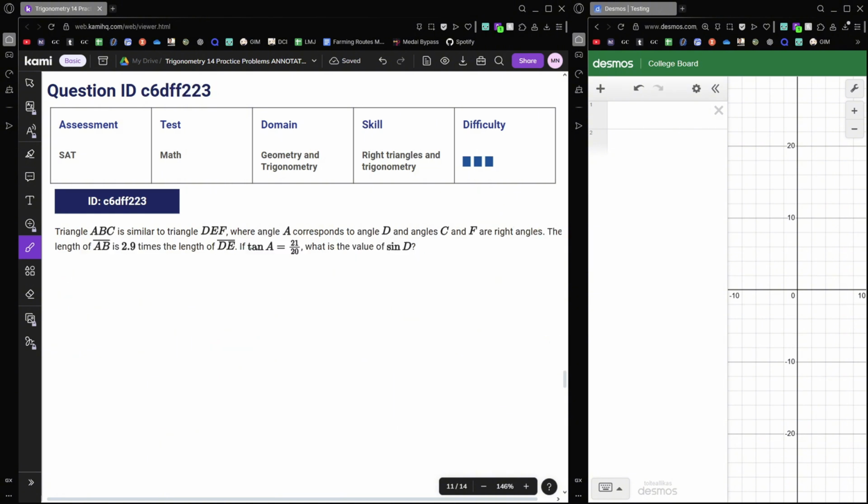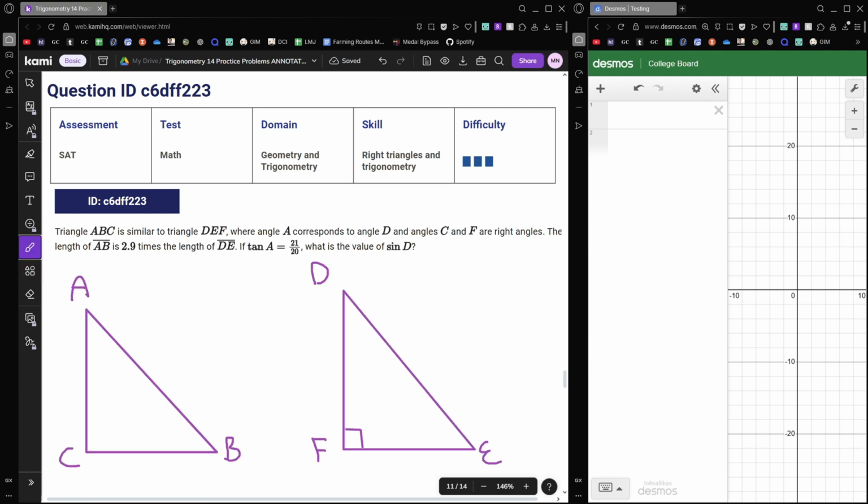Question number 11. Triangle ABC is similar to triangle DEF, where angle A corresponds to angle D, and angle C and F are right angles. The length of line AB is 2.9 times the length of line DE. So we can call line DE x, and we know that line AB is 2.9 times that, so 2.9x.